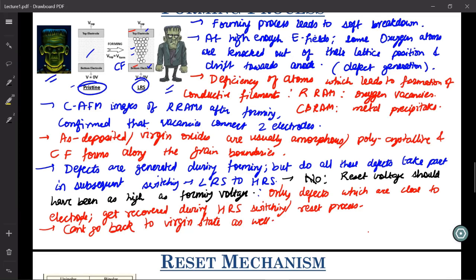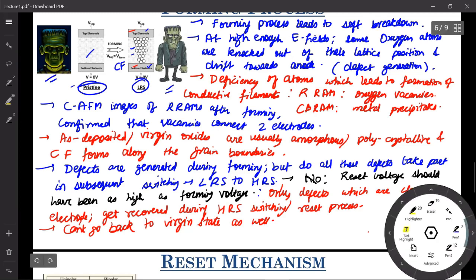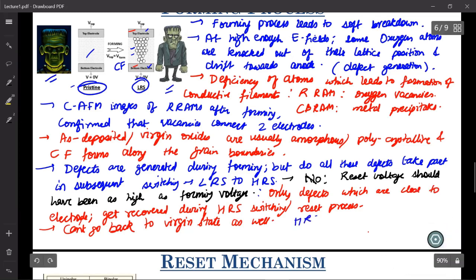And also, for this reason, the resistance of the HRS is low as compared to the resistance of the device before forming, the as-deposited resistance.